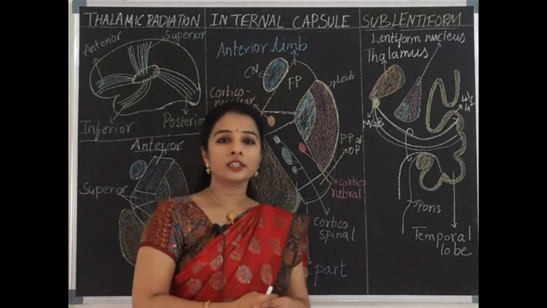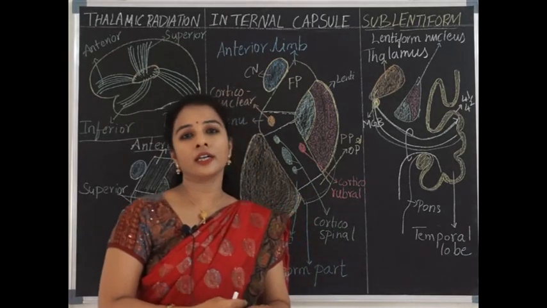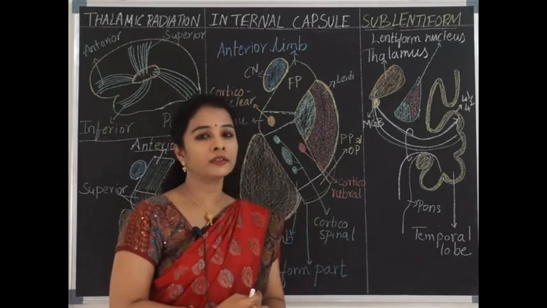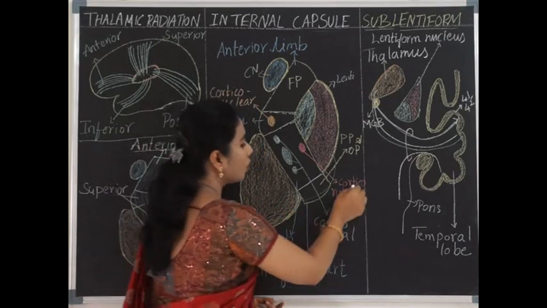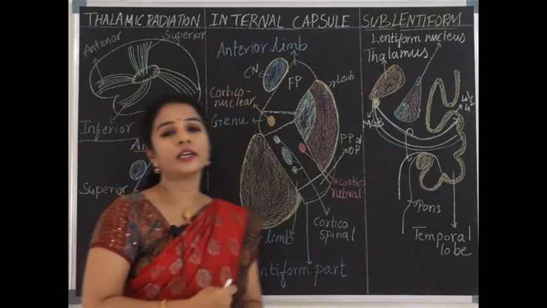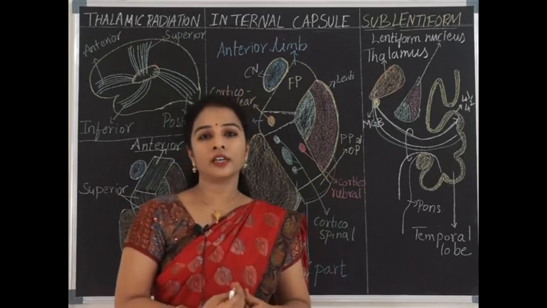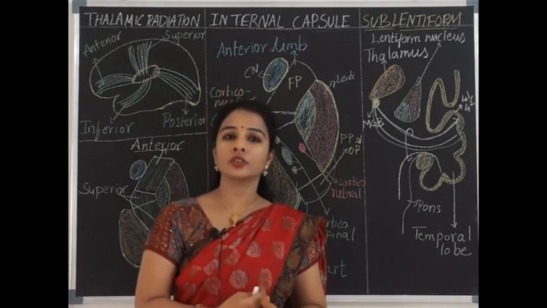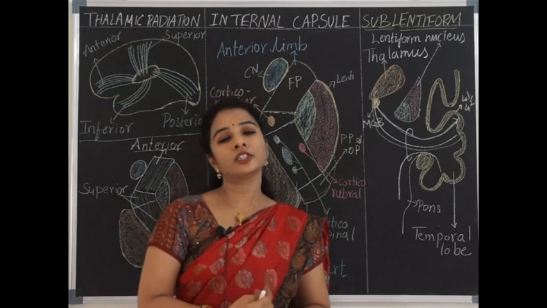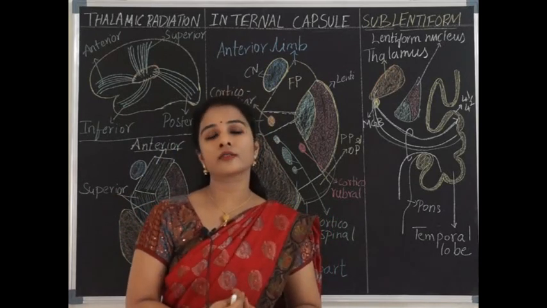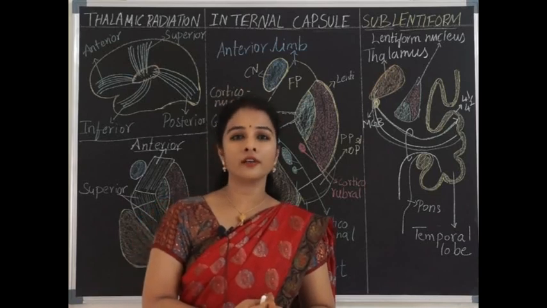There are connections between the cortex and subcortical regions, like the red nucleus of the midbrain, which are called corticorubral fibers, and the connection between the cerebral cortex and the corpus striatum is called corticostriate fibers, and the connections between the cortex and the substantia nigra are called corticonigral fibers.